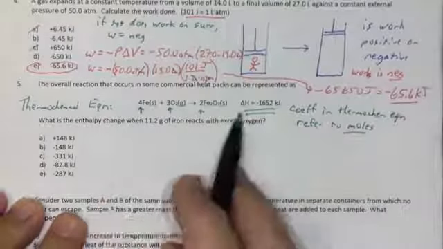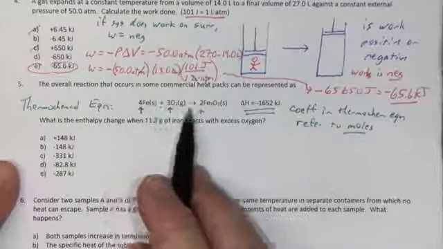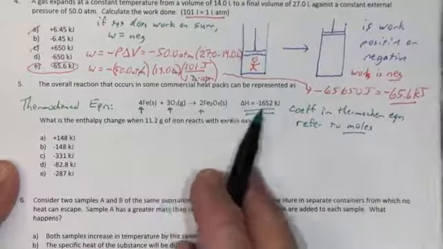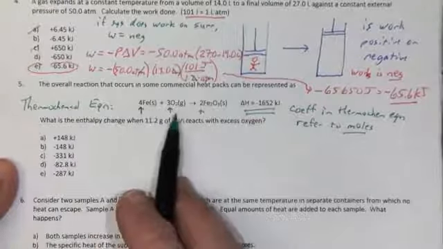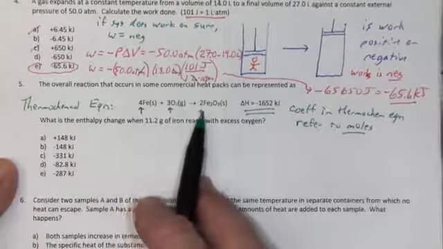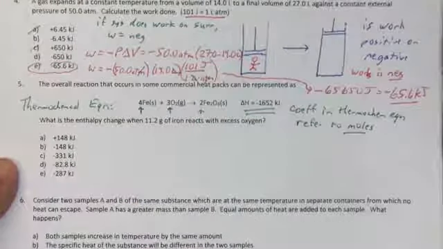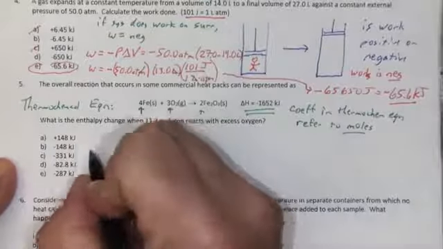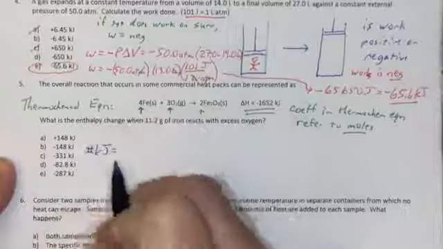Okay, so we can solve this problem like a dimensional analysis problem if we keep in mind that it's only negative 1,652 kilojoules if 4 moles of iron reacts with 3 moles of oxygen to form 2 moles of Fe2O3. So we will set this up like a dimensional analysis problem. What do we want to know? We want to know the number of kilojoules. So I write the number sign and the unit I'm looking for, the number of kilojoules.